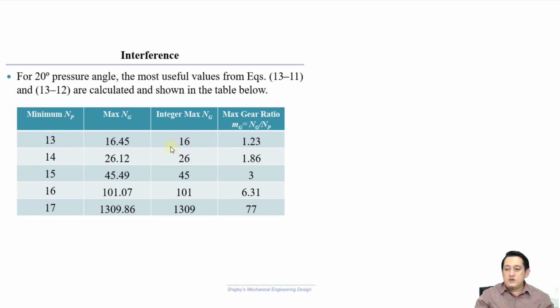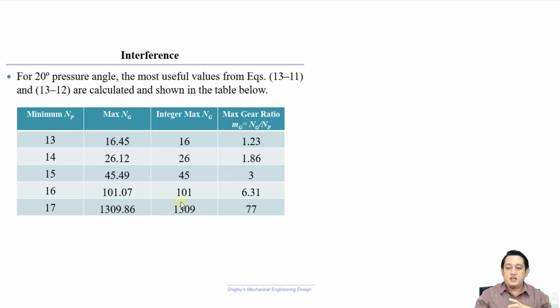So the maximum gear ratio that we can have is 16 over 13, which is 1.23. If we increase the number of teeth of the pinion from 13 to 17, as you can see here, the maximum number of teeth of the gear becomes very big.